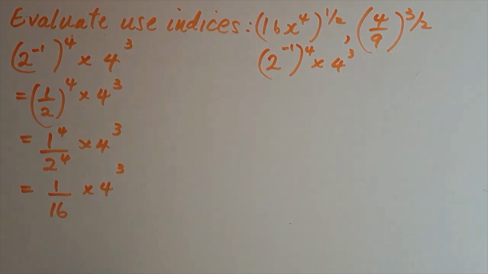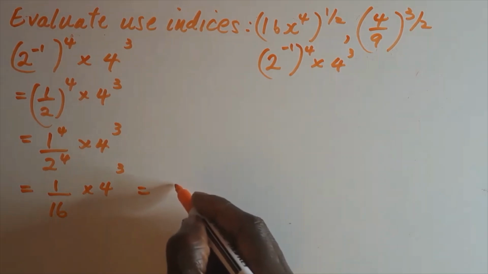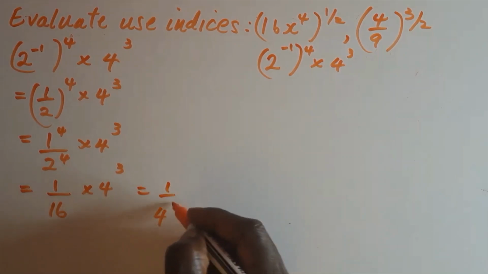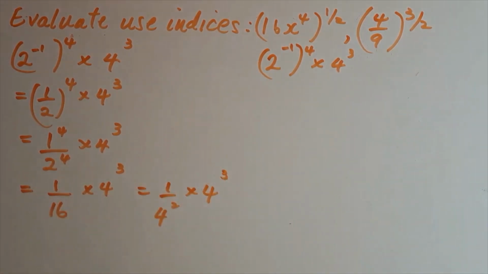From here, we can write that 4 squared is the same as 16. So we can rewrite this as 1 over 4 squared times 4 to the 3rd, so 4 cubed.